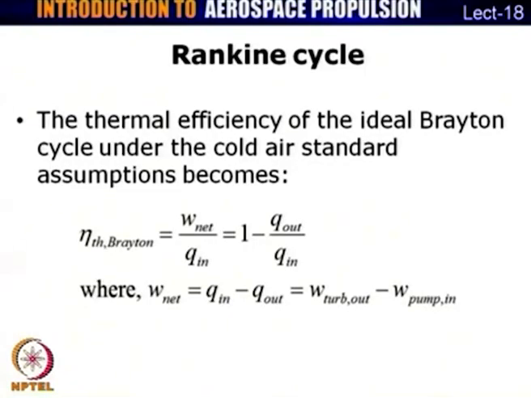So, these are the different components or constituents of the efficiency. We can calculate the net work output and the heat input to determine the thermal efficiency of a Rankine cycle.